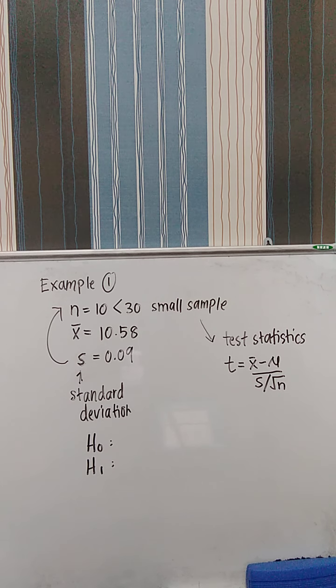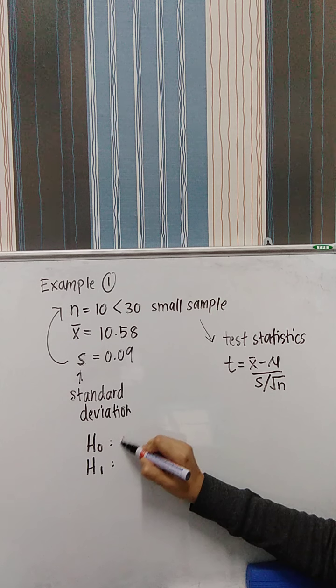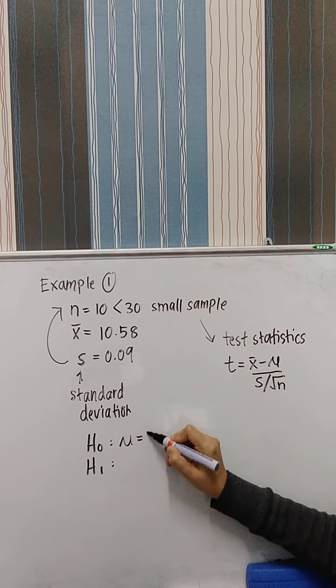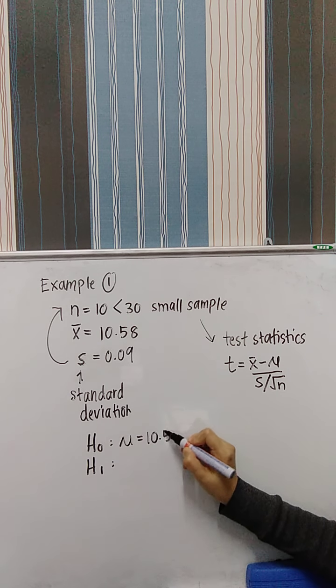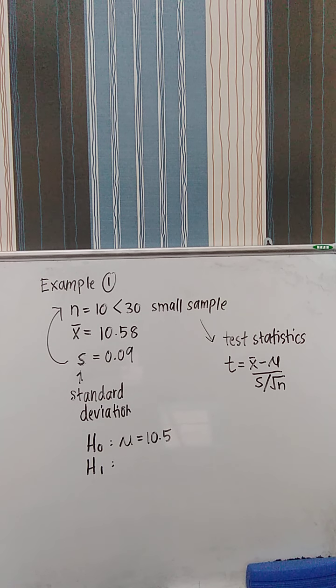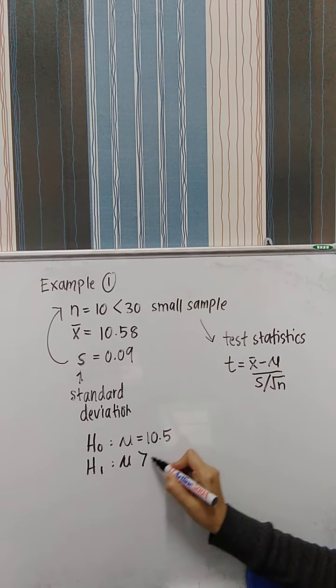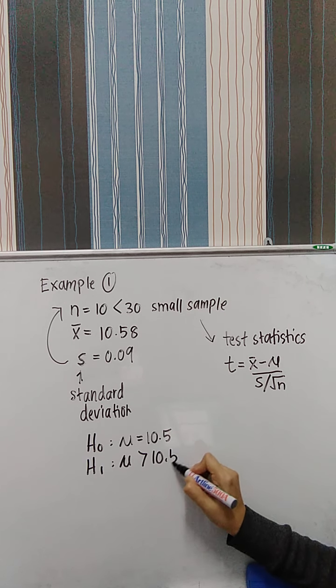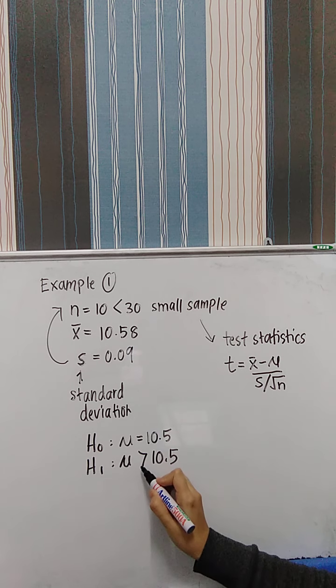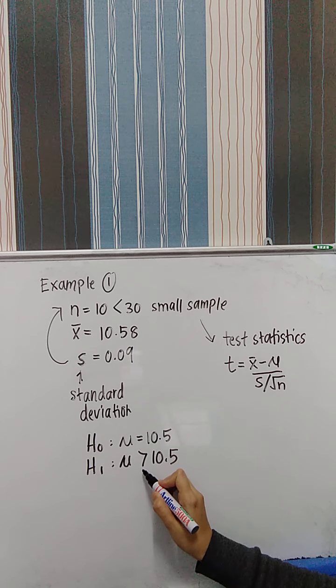So your H0 is mu equal to 10.5, and more than is for H1. So H1 is mu more than 10.5.